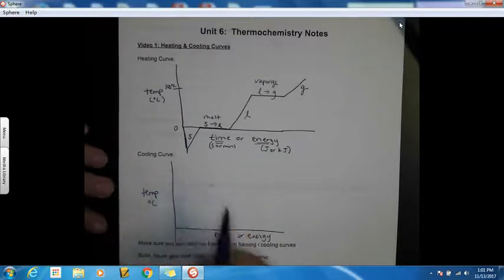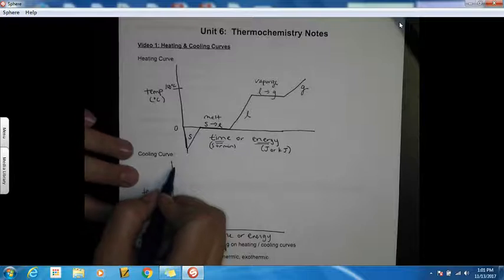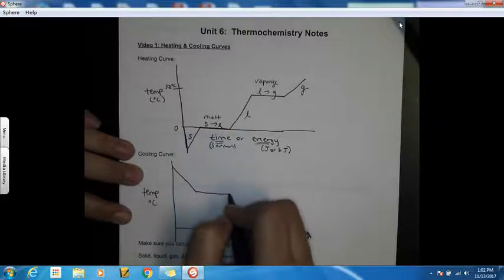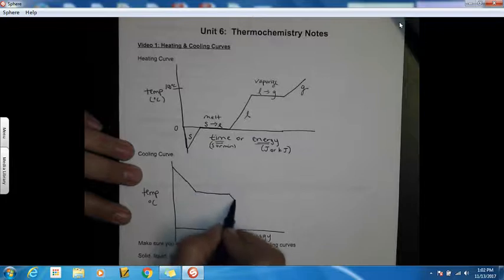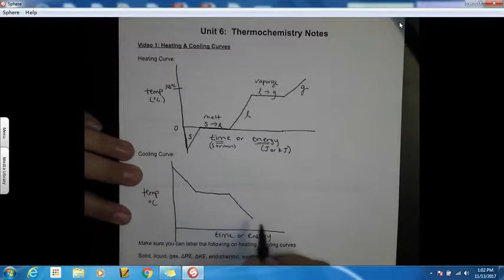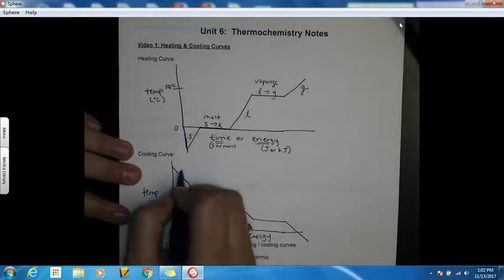For the cooling curve, we would start at a higher temperature, and it would decrease in temperature until it reached a point where it would change from gas to liquid, and it would plateau, and then it would decrease in temperature some more until such time that it would freeze, and then we would decrease temperature some more until it would just decrease the temperature of the solid.